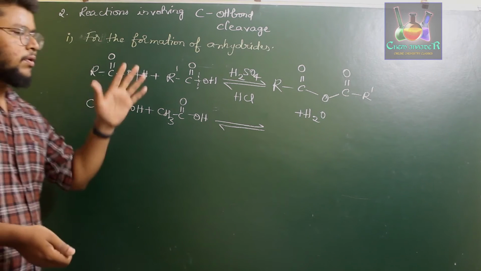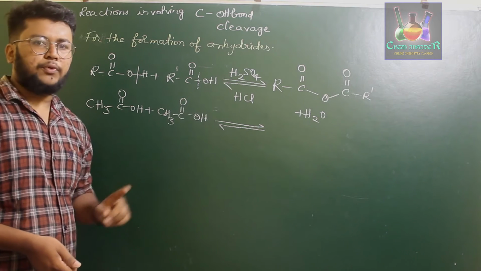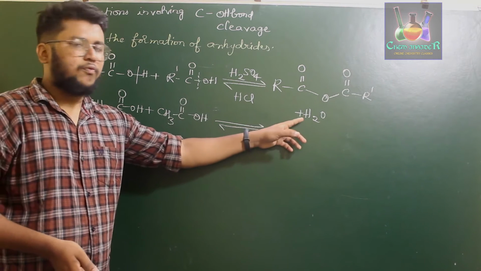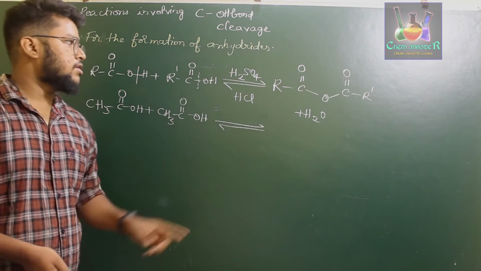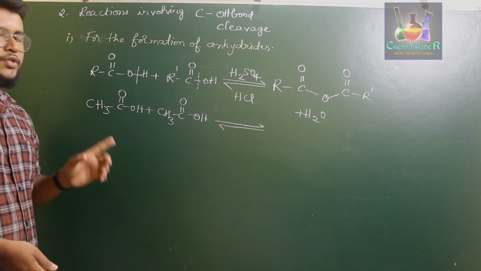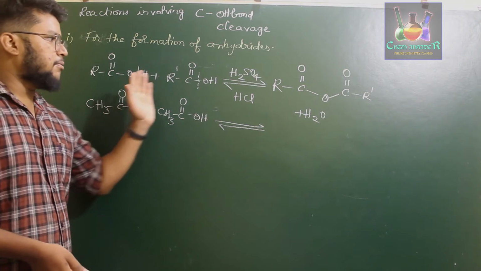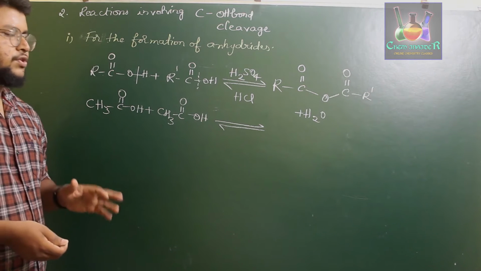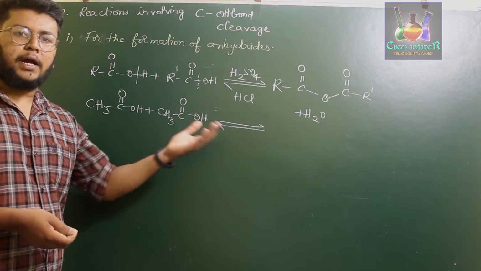What keeps it in the forward direction is the presence of H2SO4. The water molecule formed will get completely removed because H2SO4 is a strong dehydrating agent. So if you are using H2SO4, then the reaction will always move in the forward direction. If you are using a very dilute concentration of H2SO4, then the reaction may go backwards, forming a reversible reaction.